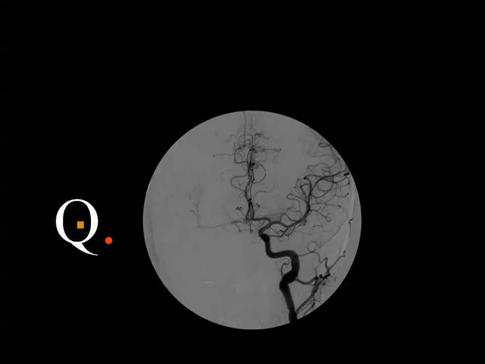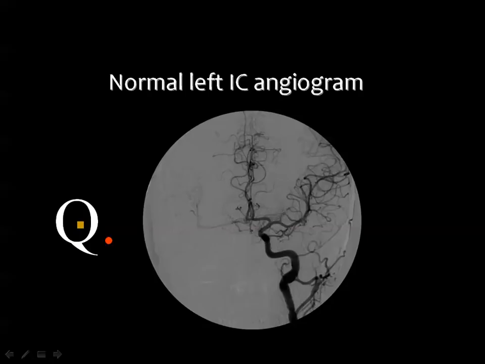Where is the aneurysm? This? No, this is the kink in the artery, and this is also a kink. No, this is normal caliber. Yes, and this is a normal internal carotid angiogram.